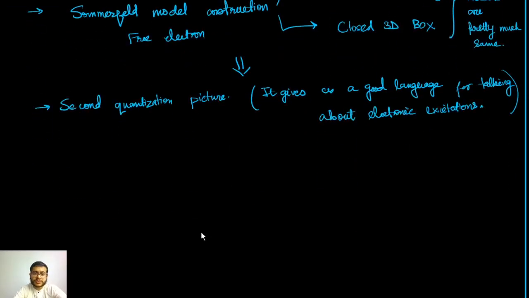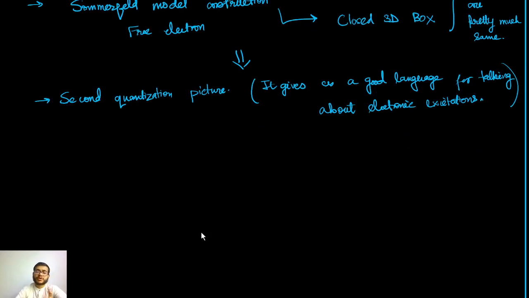Okay, so now we saw some basic models, how the Sommerfeld model works, and the second quantization picture. Now we will see something very interesting, because everything we were defining was in terms of the momentum, or the wave momentum k of the electron.